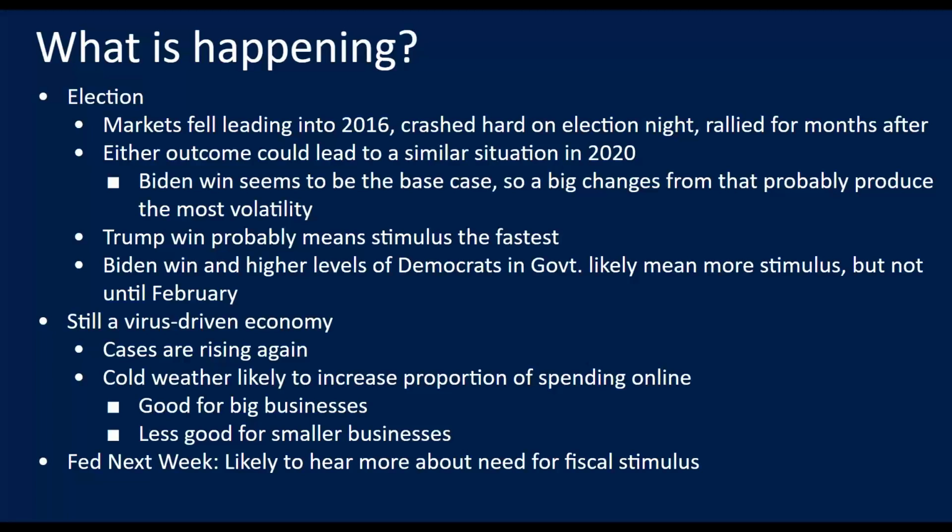So Trump wins, you get a smaller stimulus probably sooner, whereas a big Biden and Democrat win, you probably get a bigger stimulus, but it's later. And so I think the market's having a really hard time figuring out what is the best outcome there, or what the various polls mean.